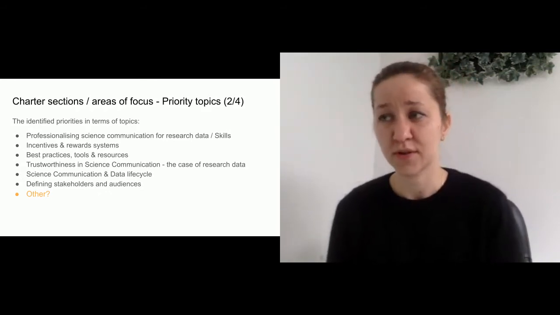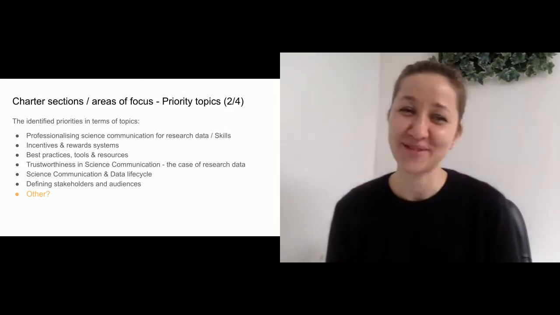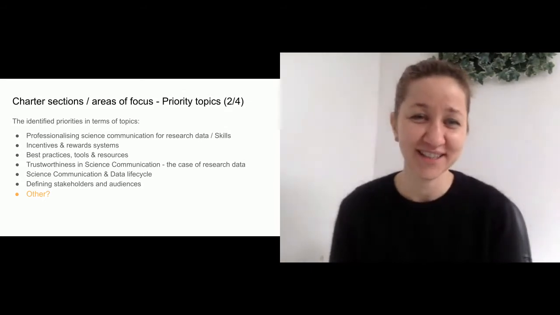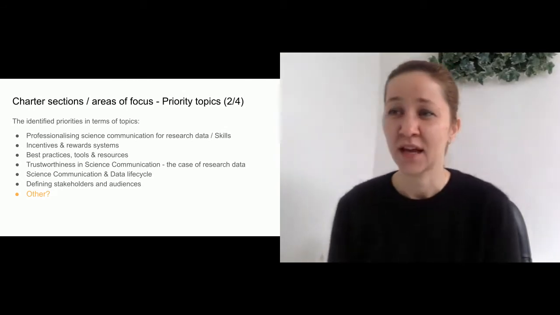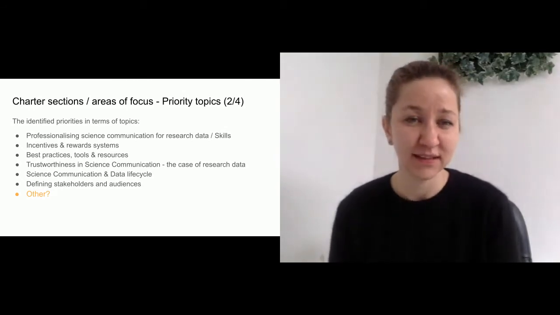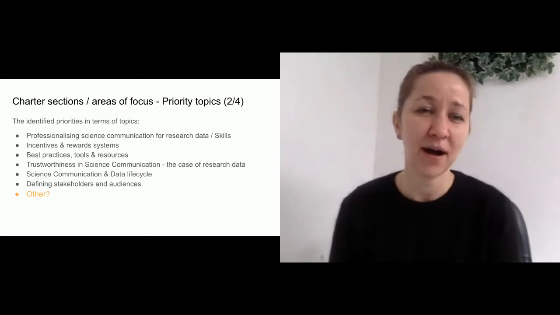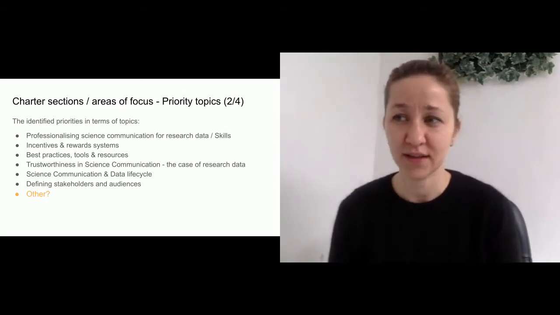Of course, the trustworthiness in science communication, which is such a hot topic at the moment, considering our context. Science communication and the data life cycle. How does that fit into it? And defining the stakeholders and audiences.